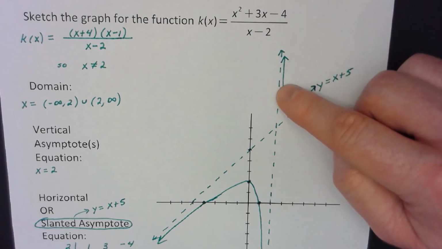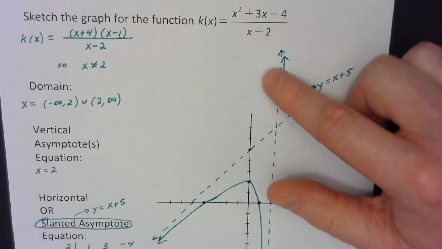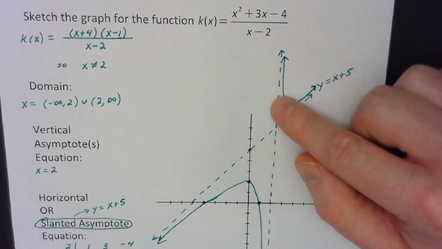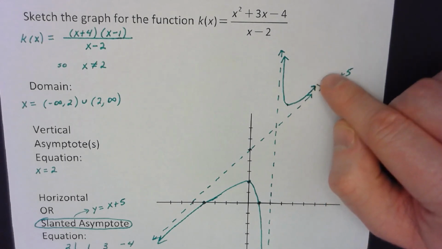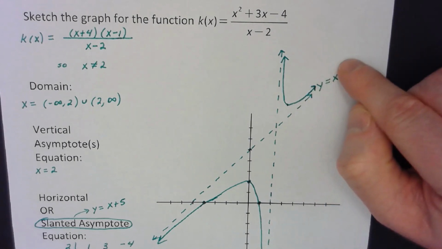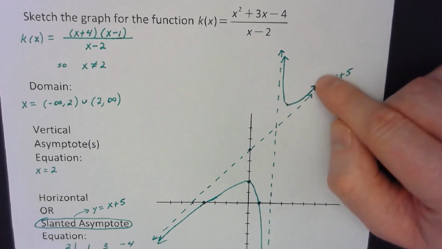It's going to come down. You cannot cross either the vertical or the slant asymptote, so that allowed me to draw in this function up here. As x approaches infinity, the y value is going to get closer and closer to y equals x plus 5, and that's what I tried to show there.